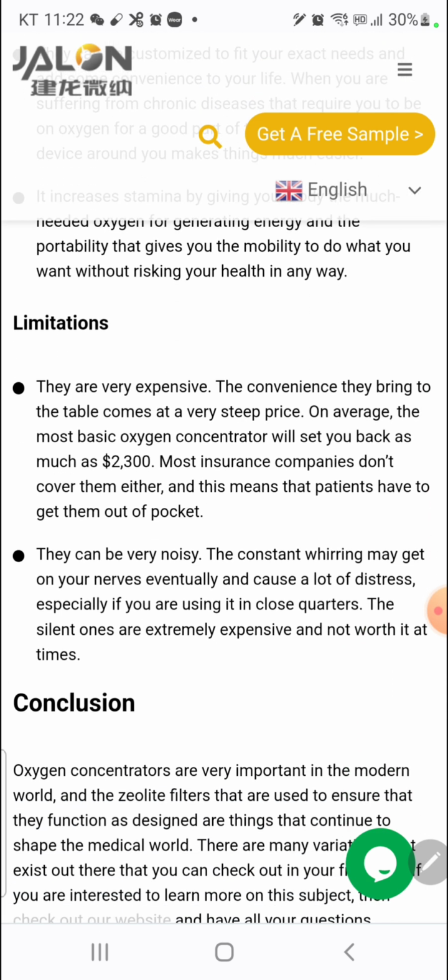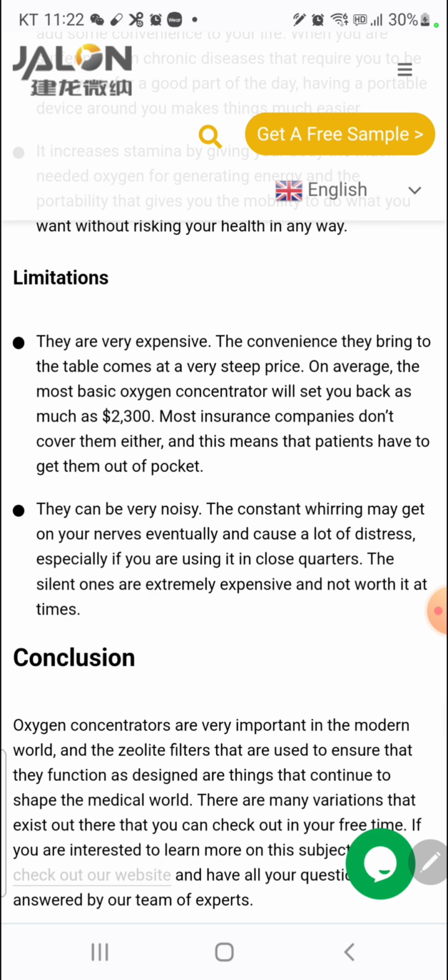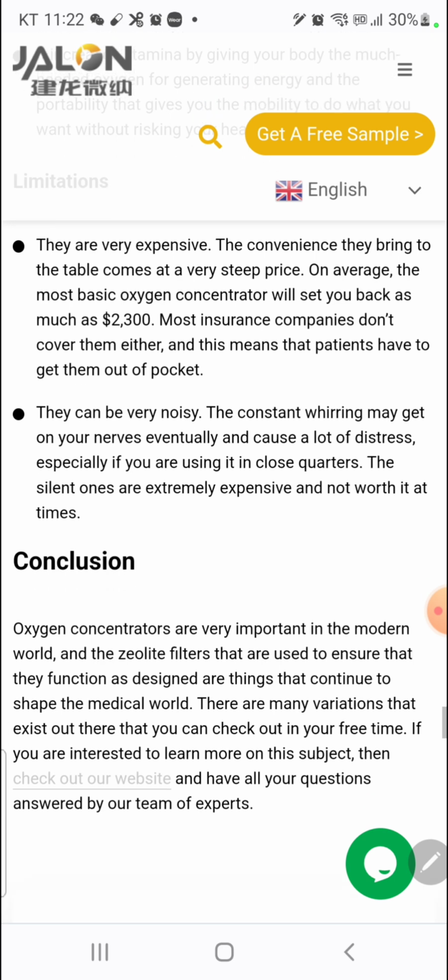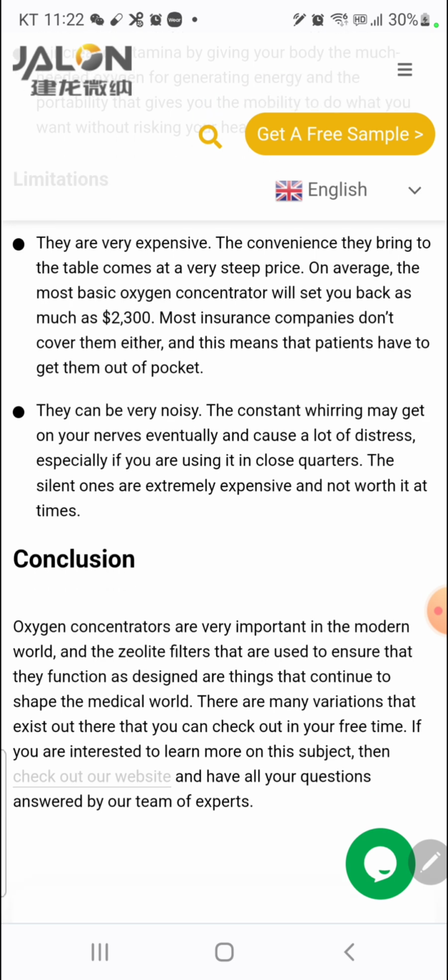Limitations: they are very expensive. The convenience they bring to the table comes at a very steep price. On average, the most basic oxygen concentrator will set you back as much as $2,300. Most insurance companies don't cover them either, and this means that patients have to get them out of pocket.